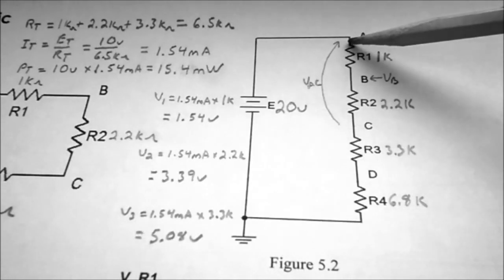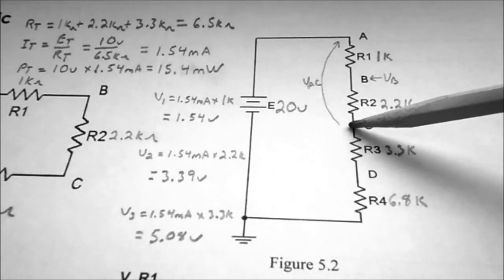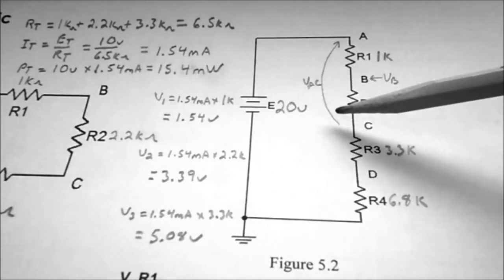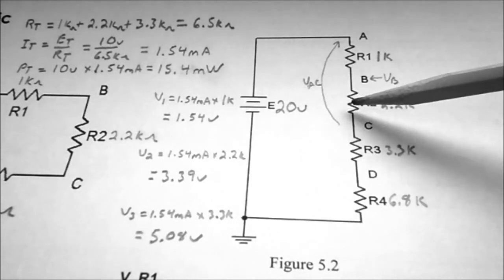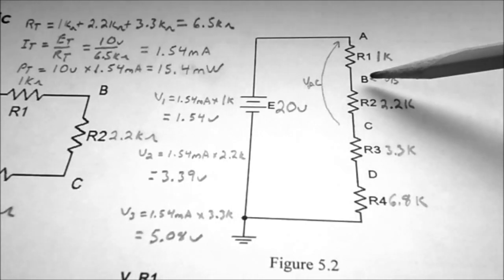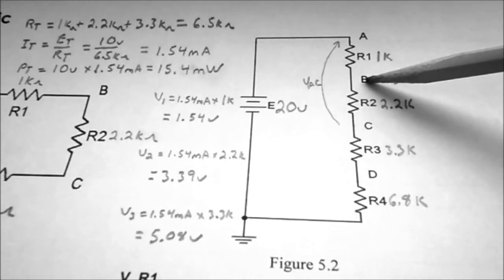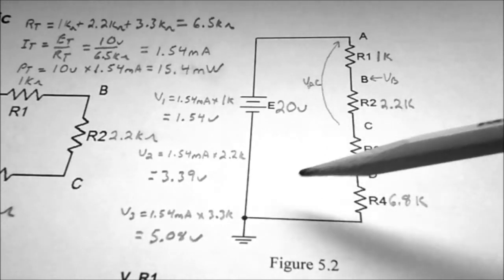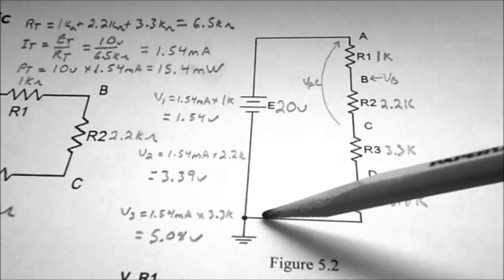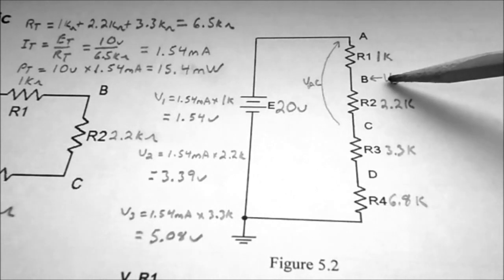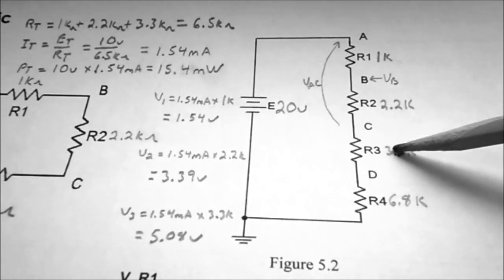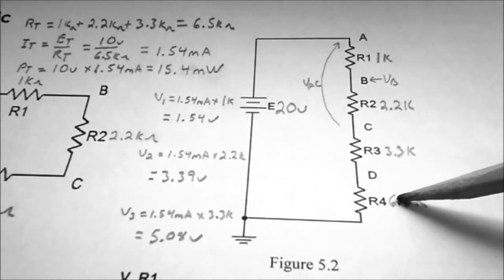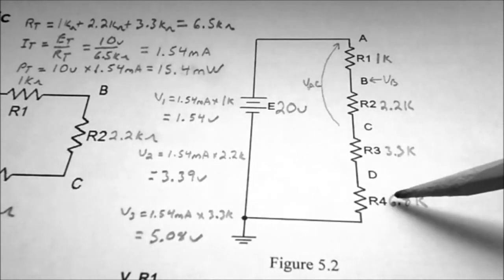So this is point A, and this is point C, so VAC is going to be R1 plus R2. And then they want us to calculate the voltage at point B. So point B is with respect to ground. So it's going to be the 2.2K plus the 3.3K plus the 6.8K that the voltage is measured across.